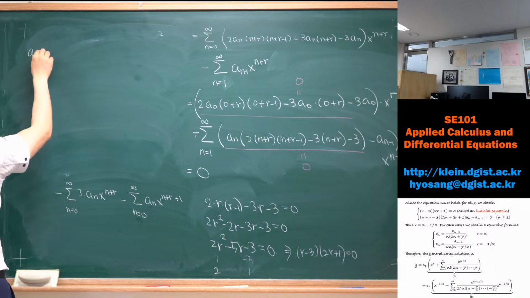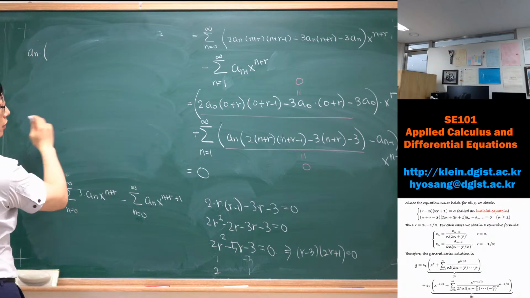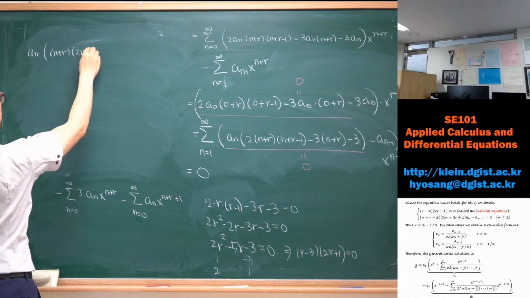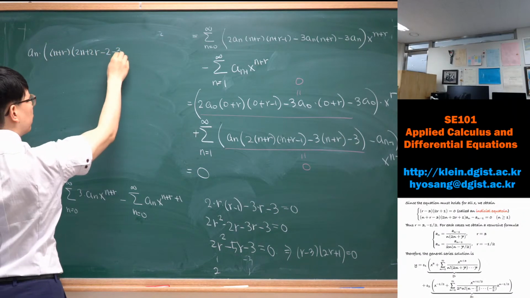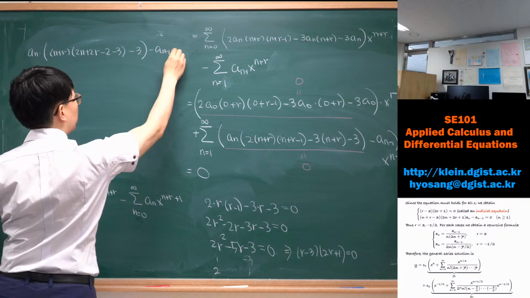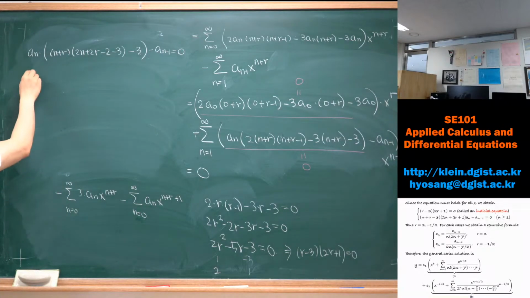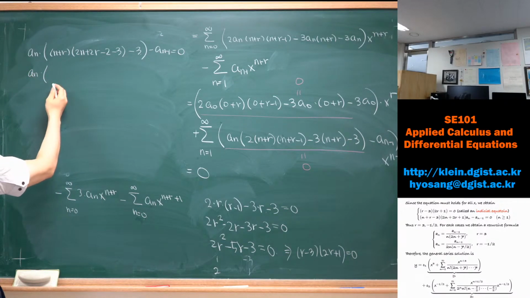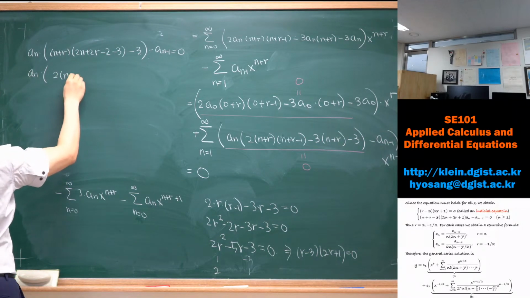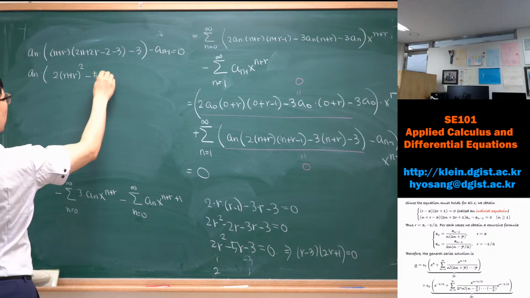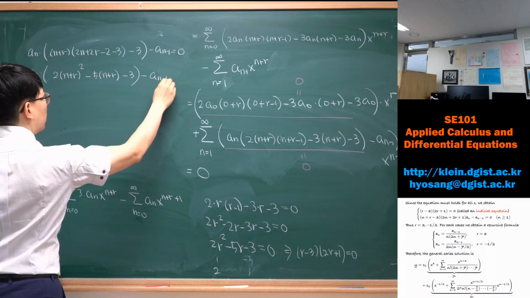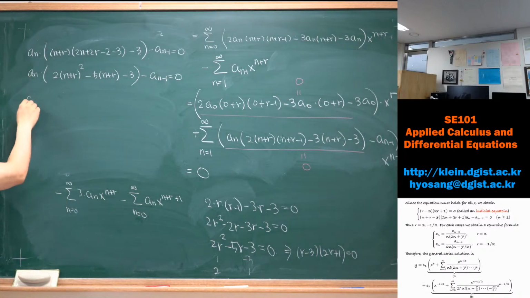We have an times 2 times n plus r times n plus r minus 1, minus 3 times n plus r, minus 3, minus an minus 1 equals 0. And this is an times 2 times n plus r squared minus 5 times n plus r minus 3, minus an minus 1 equals 0.